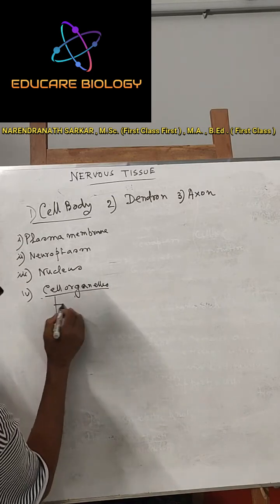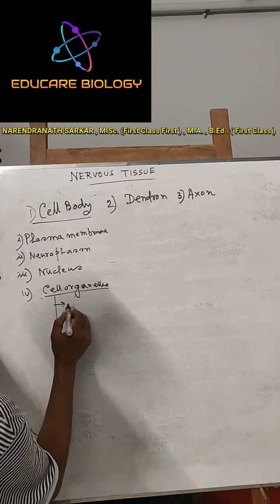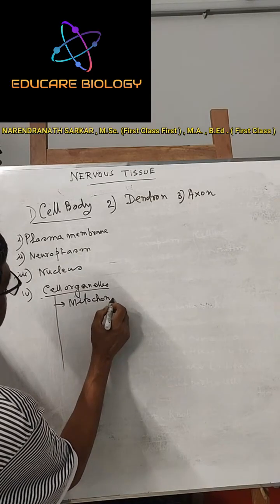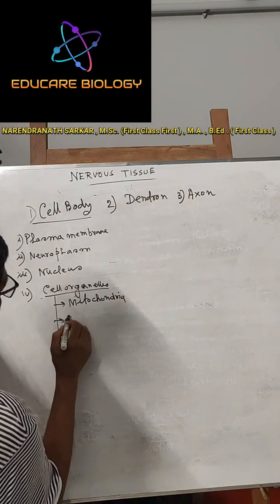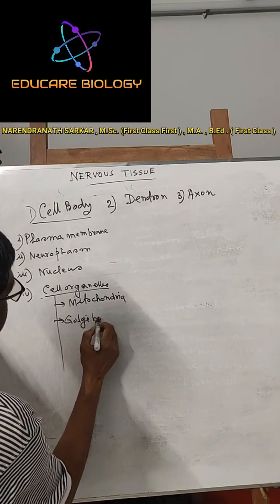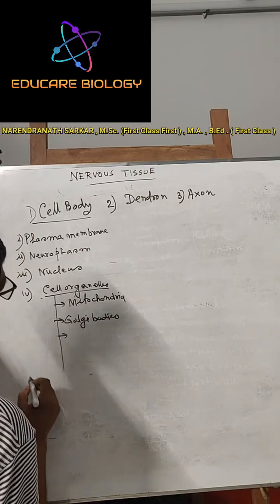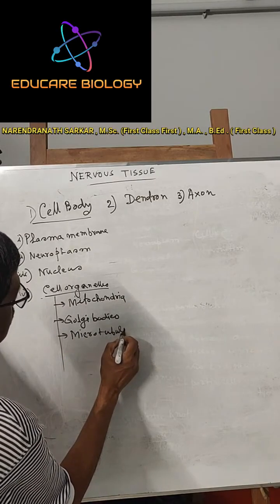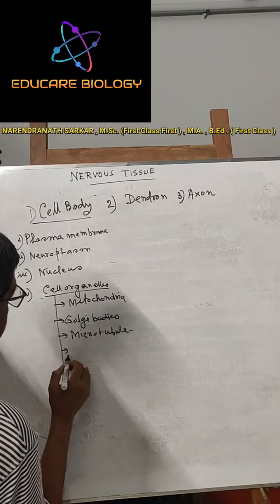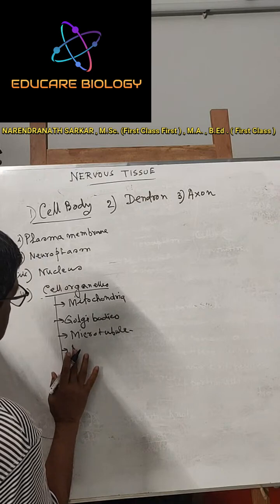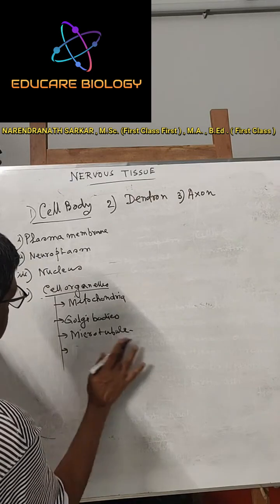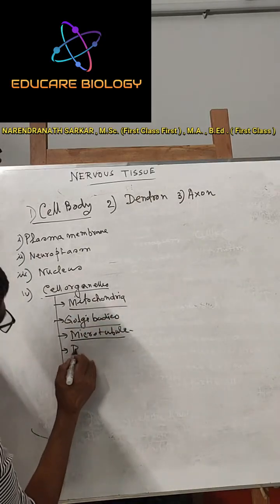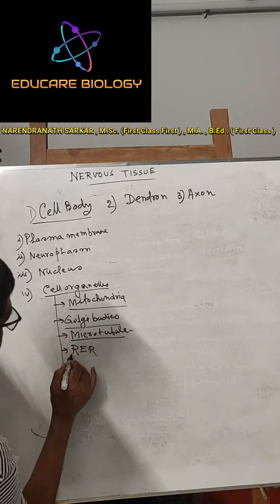There are several types of cell organelles: mitochondria, Golgi bodies, microtubules, RER, rough endoplasmic reticulum.